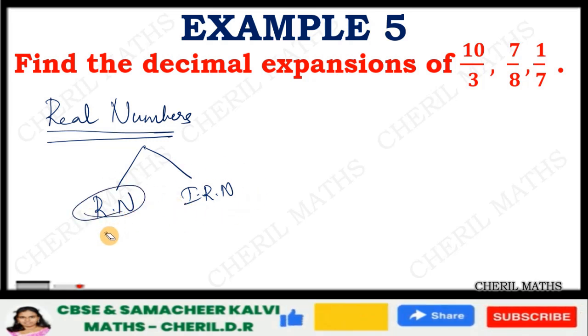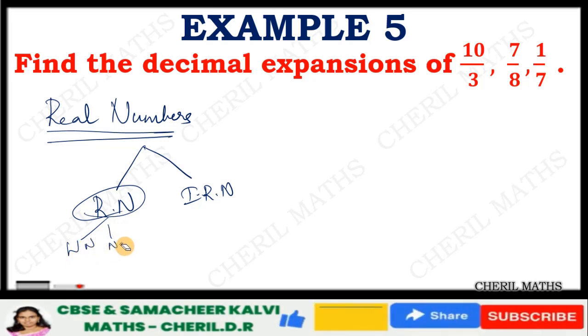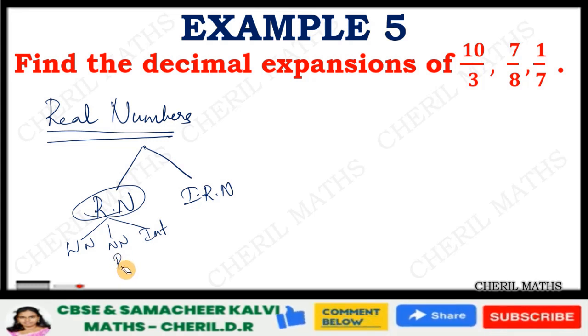So rational, you will have all your whole numbers, natural numbers, and then your integers and also your fractional expressions, wherein it is going to be a repeating or terminating decimal.